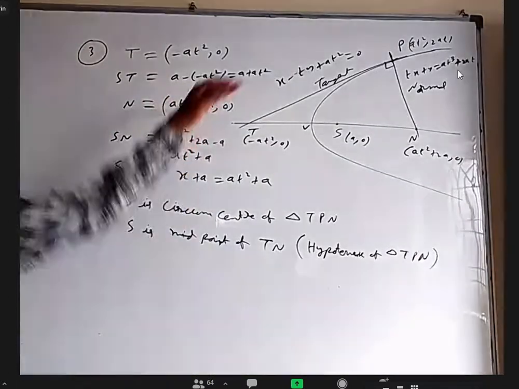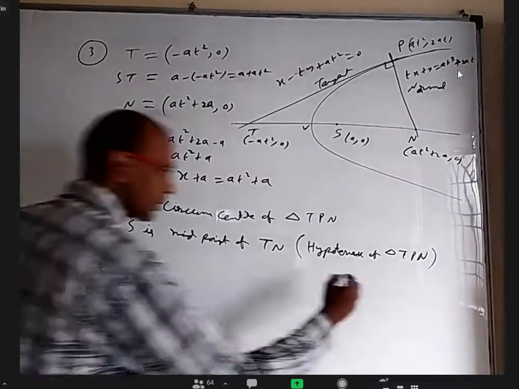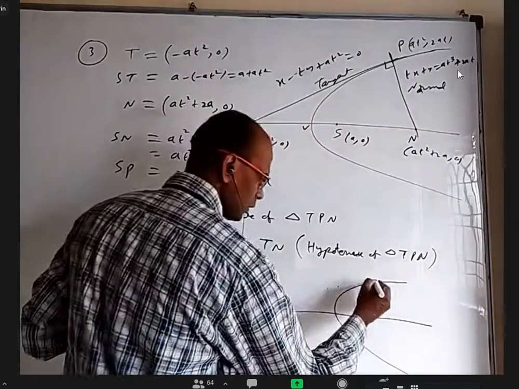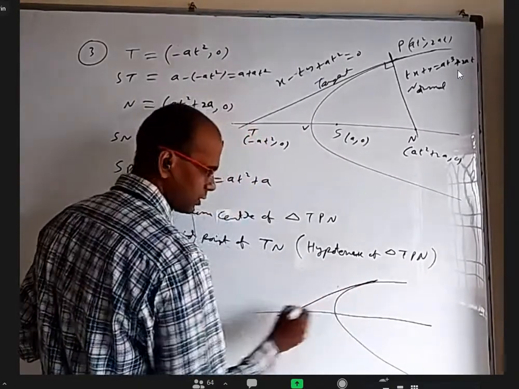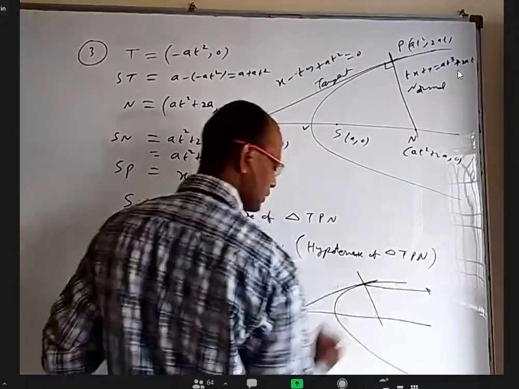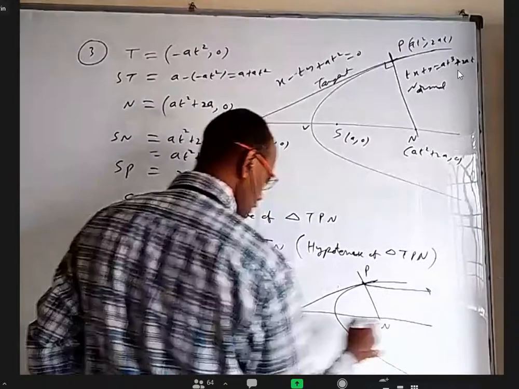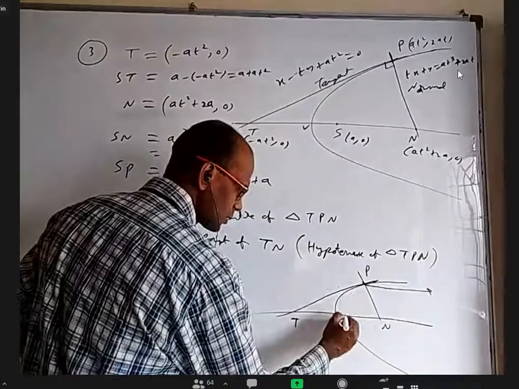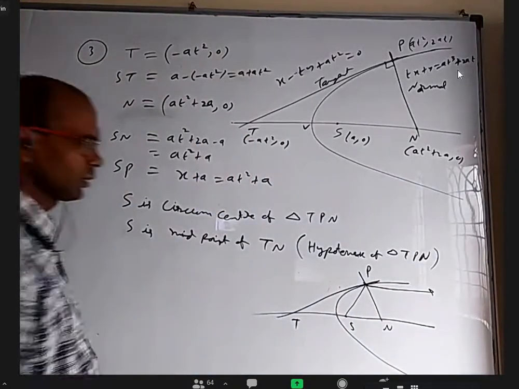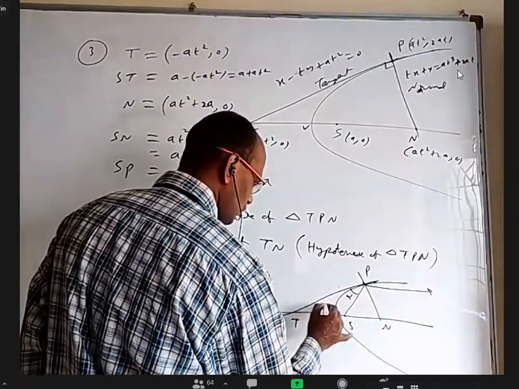Now, I want you to draw a separate figure, even though we use some of those things. I want you to draw it here. Same figure, will not include all the details there. This is a tangent, this is a normal. I want to draw one horizontal line here. This is P, this is N, this is T. This is S, I want to join here. I want to tell these two angles are equal, alpha and alpha.